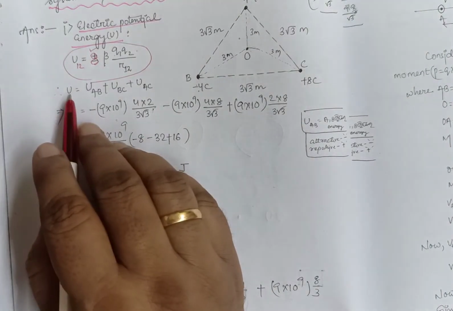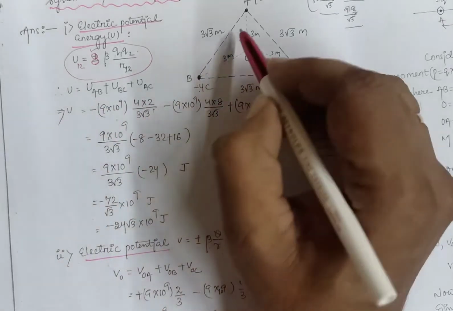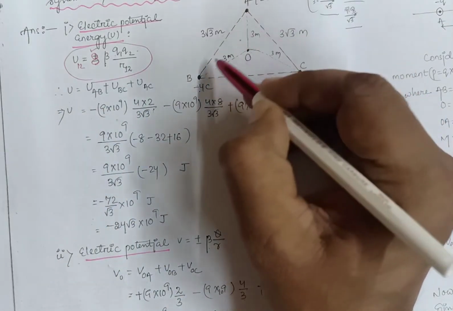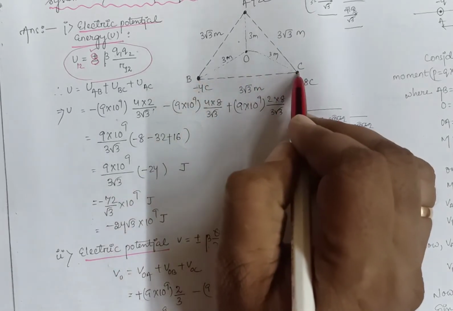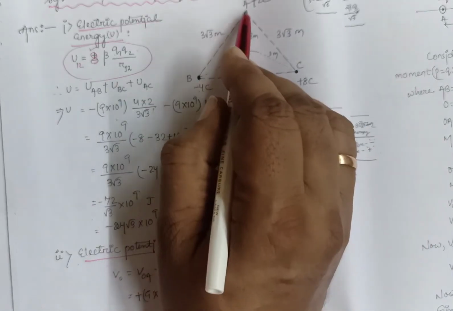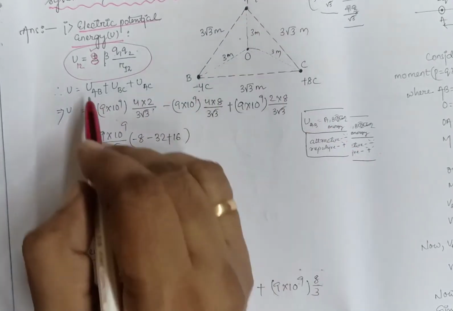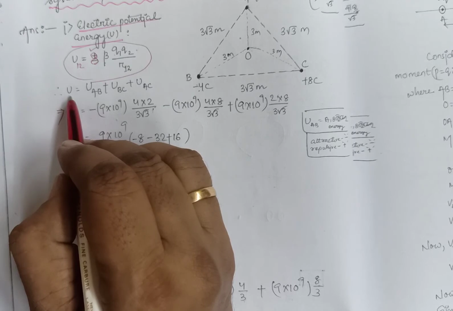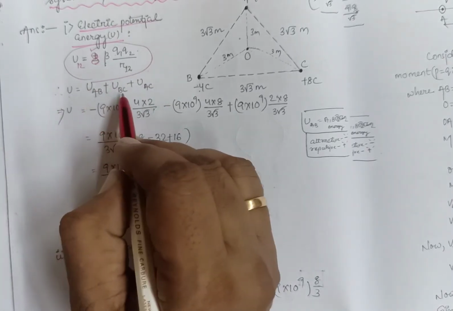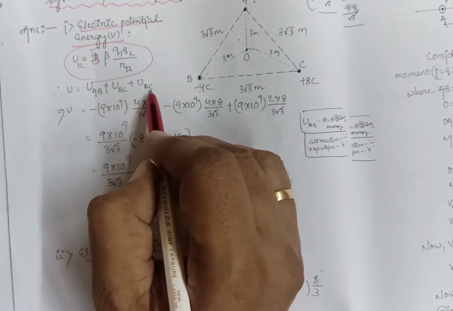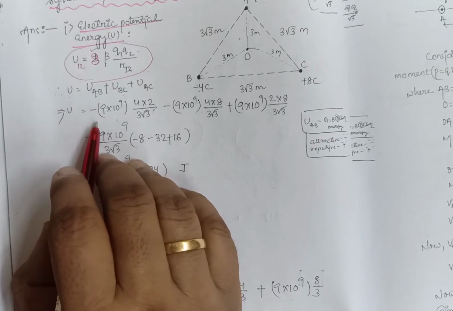So total electrostatic potential energy U must be equal to the electrostatic potential energy between A and B plus that between B and C plus that between A and C. As it is a scalar quantity, it does not need vector representation, so U is equal to UAB plus UBC plus UAC. Then you carefully observe where you put the plus sign and where the minus sign.